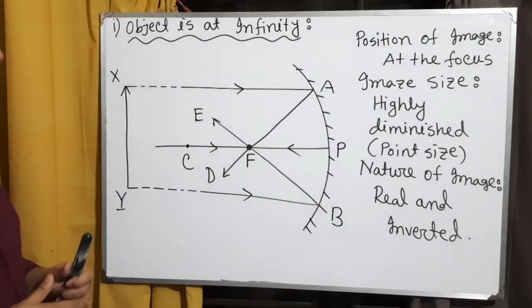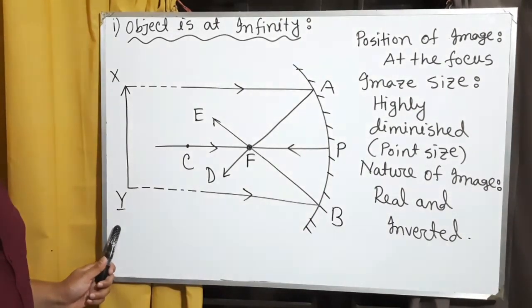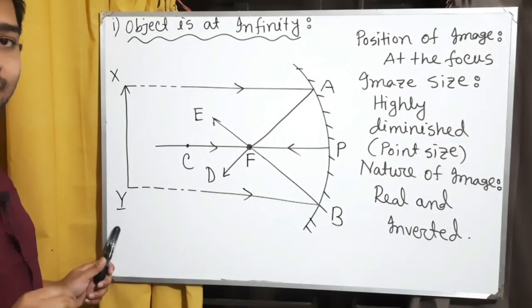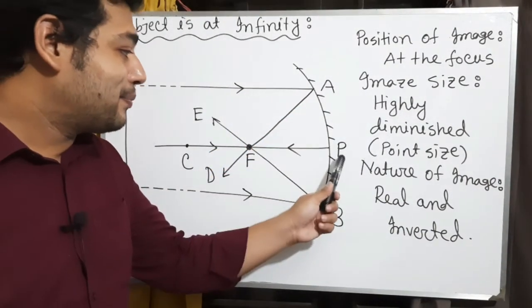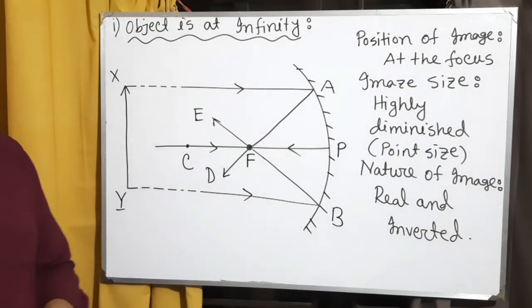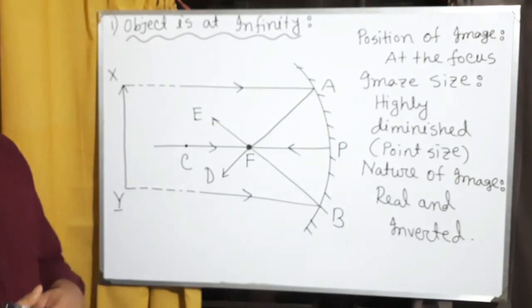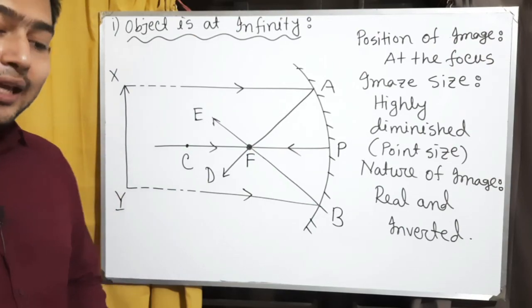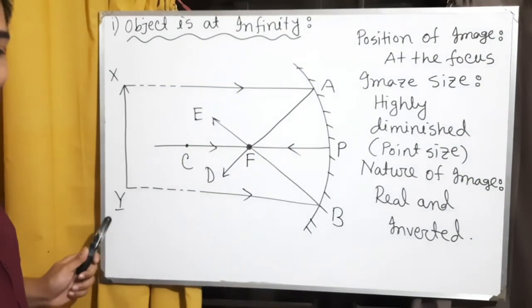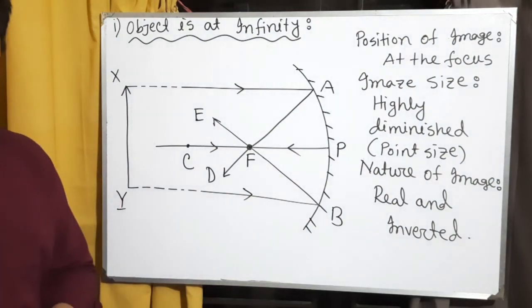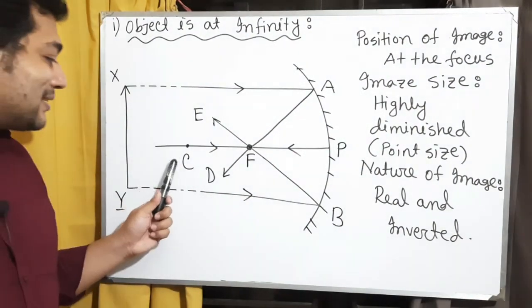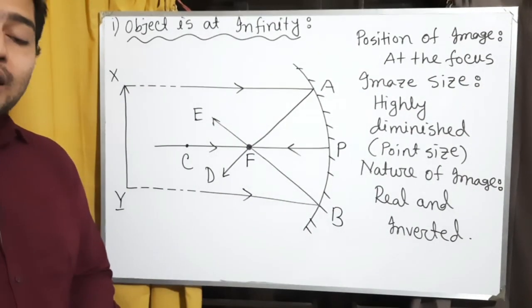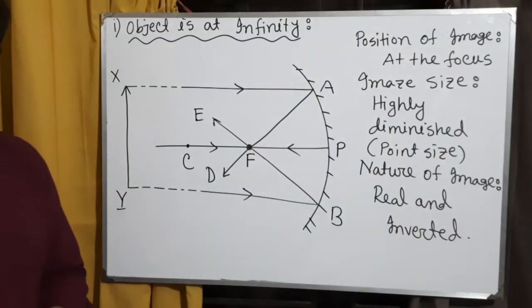Here in the figure you see that XY is the object, which is placed at infinity. Let us assume APB is a concave mirror. Here C is the center of curvature, F is the focal point of the mirror.